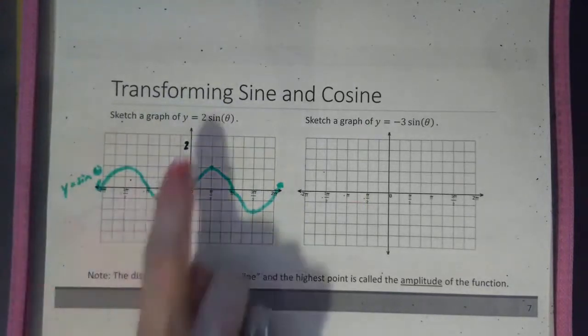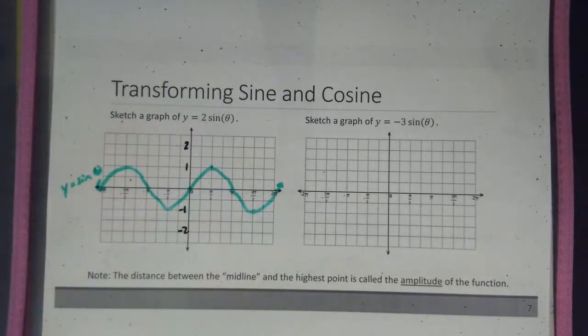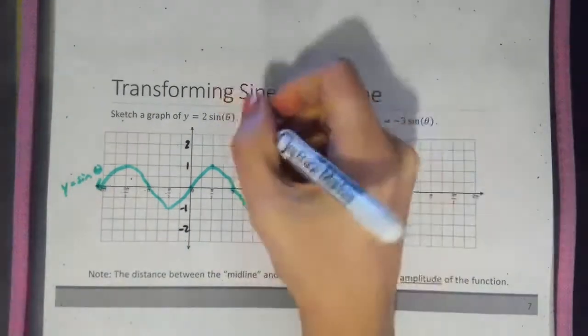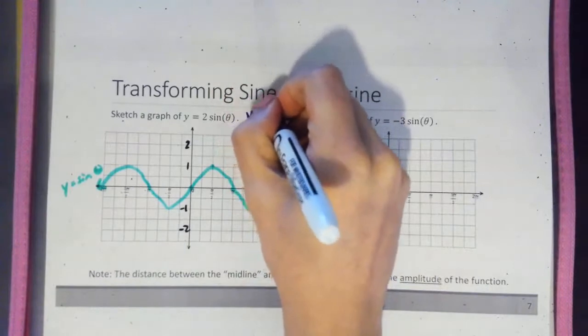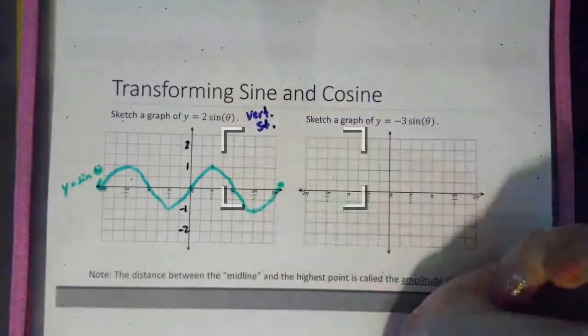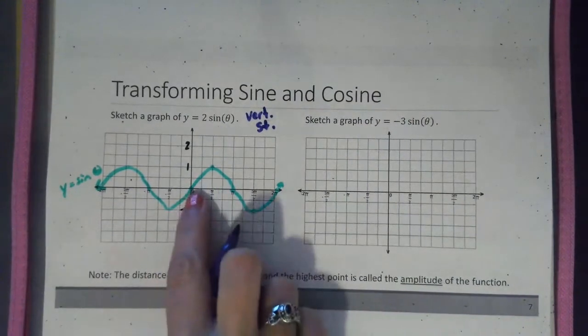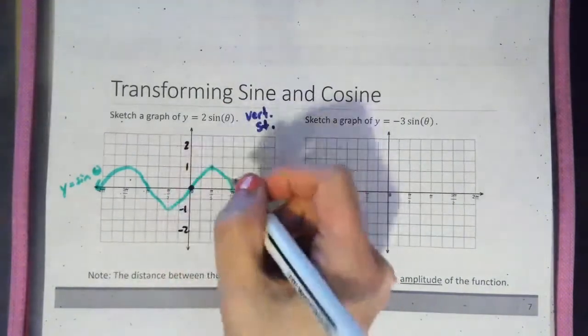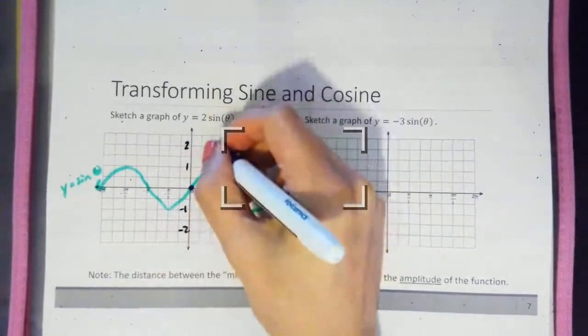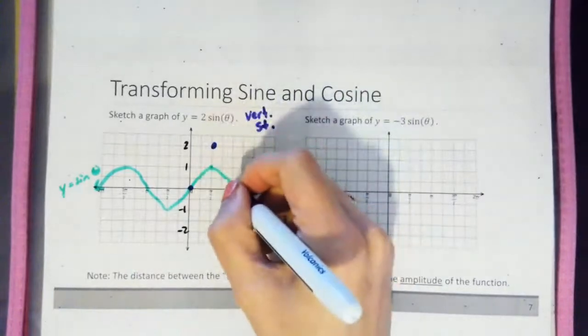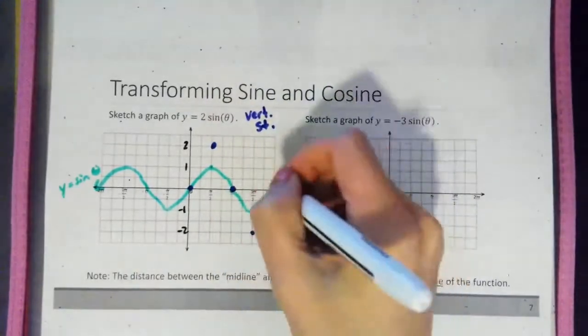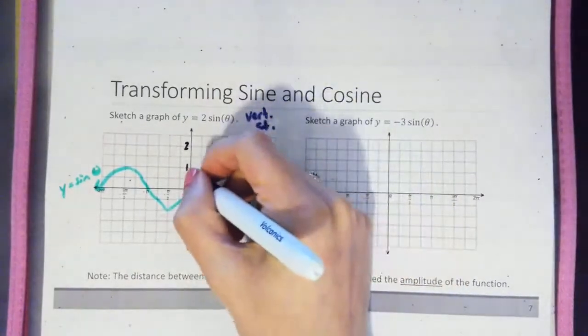But I want to graph y equals 2 times the sine of theta. Do you remember what that 2 does out front? That is a vertical stretch by a factor of 2. So that means I can take all of my y values and multiply them by 2. If my y value is 0, 2 times 0 is 0, so that it stays there. When my y value is 1, I multiply it by 2. 0, -2, 0.